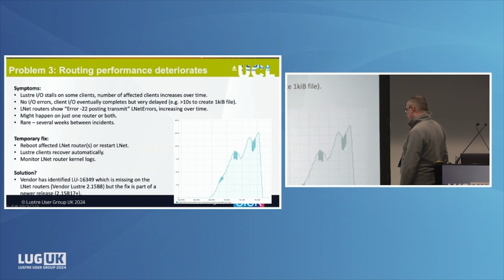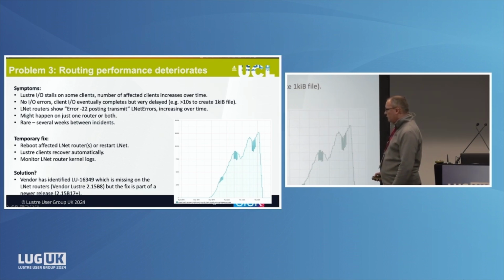And we see here that this problem started at 8 p.m. one day. It kept increasing until in the next morning we did the LNet router reboot, and all those LNet kernel errors went away.